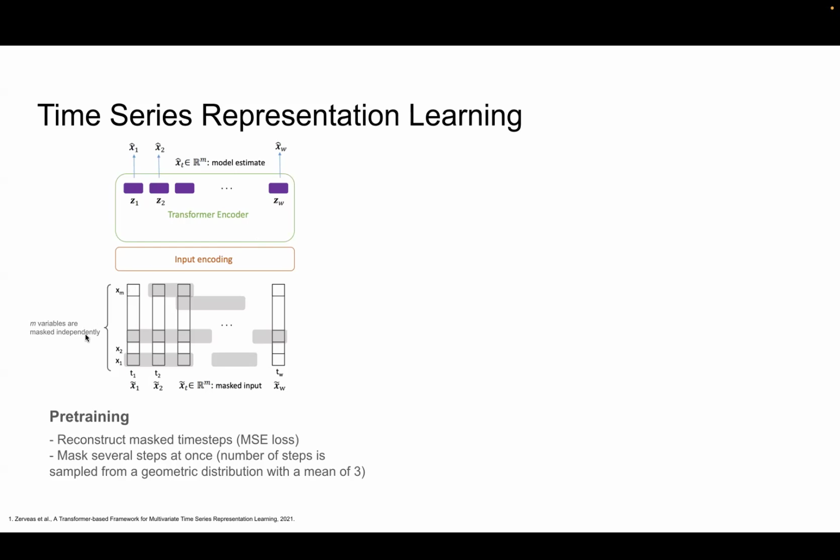Maybe you can choose which variables to mask independently. So you don't have to mask all the M variables at once. You can just choose to mask two of the M variables. And then at the next time step, you might choose to mask a different set of variables from those M variables.